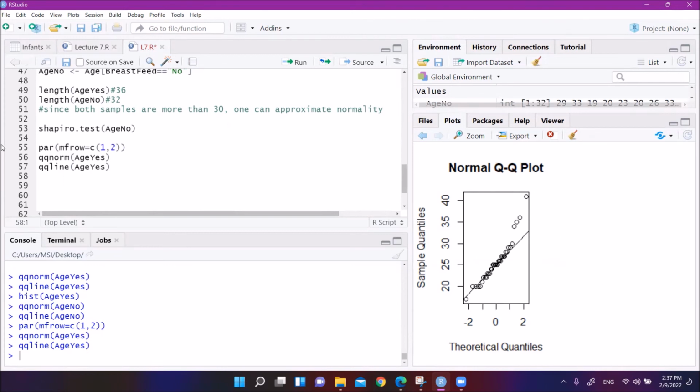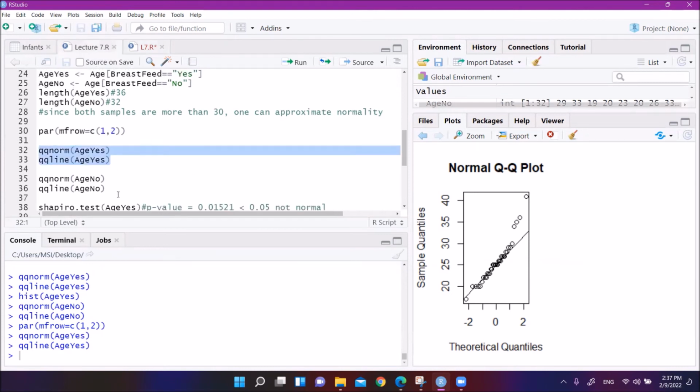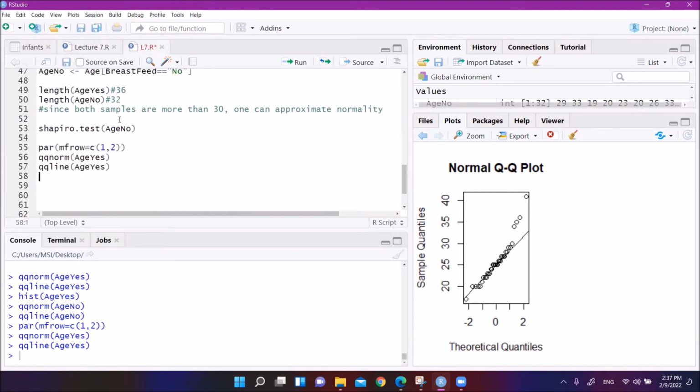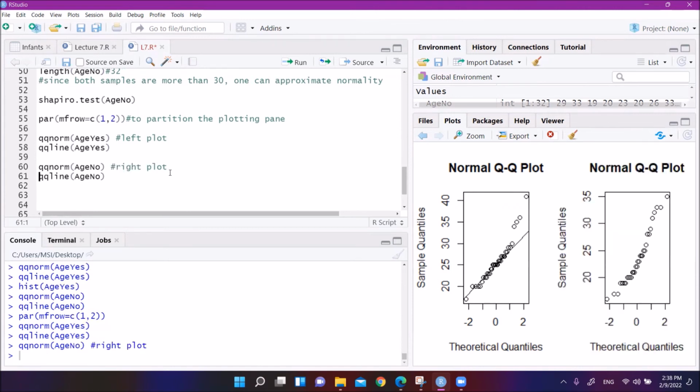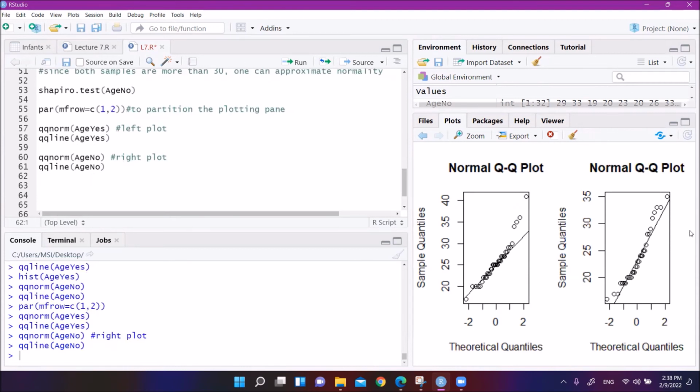So on the left side, you are getting the QQ plot for age years, and the next plot is coming there.